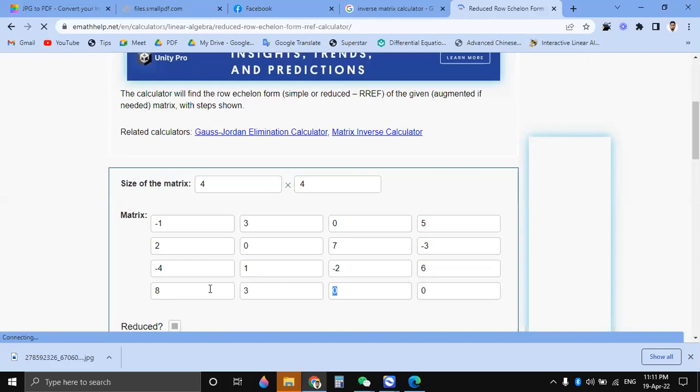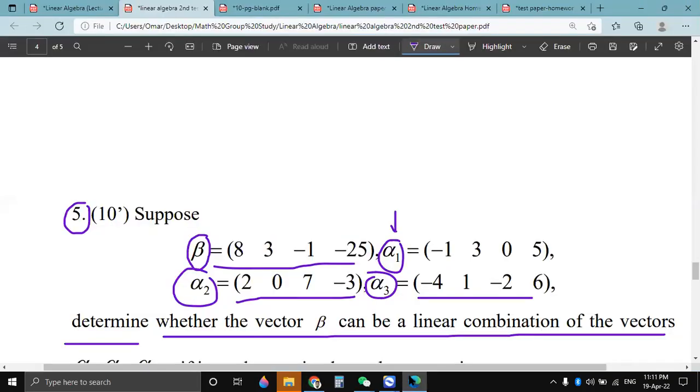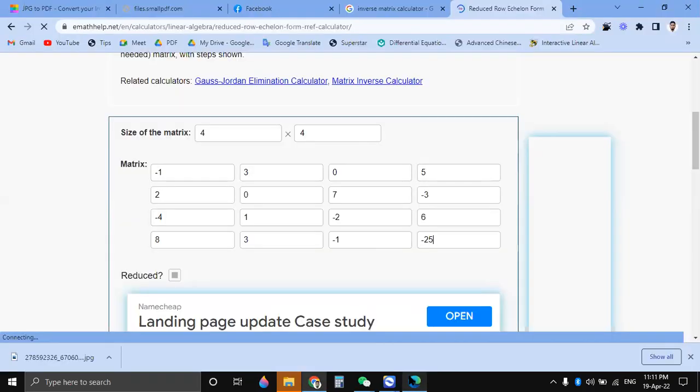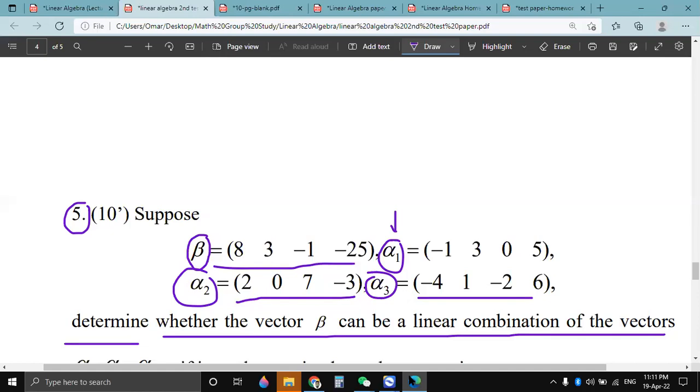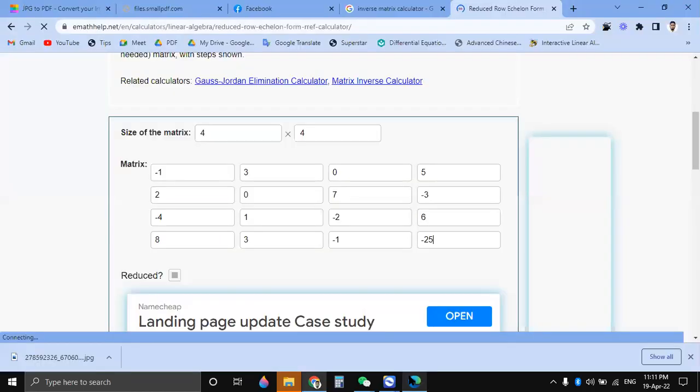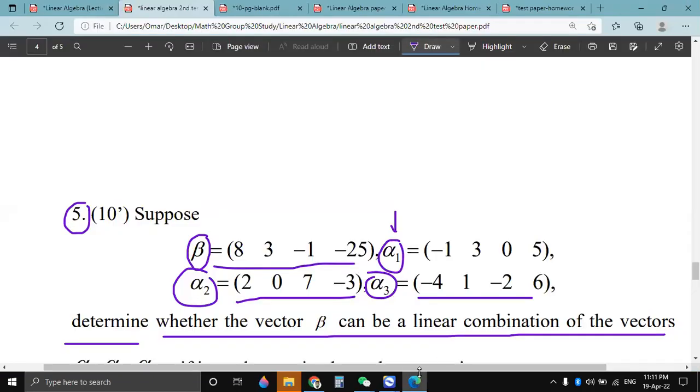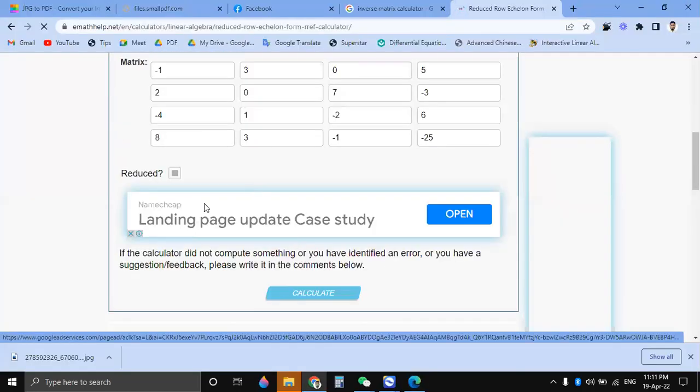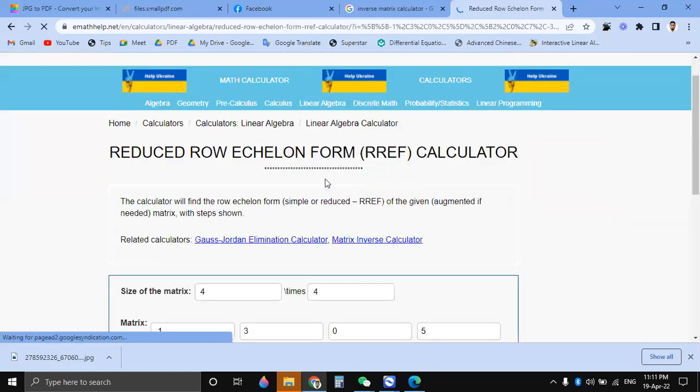Now we click here on calculate, and then we will find the RREF form.